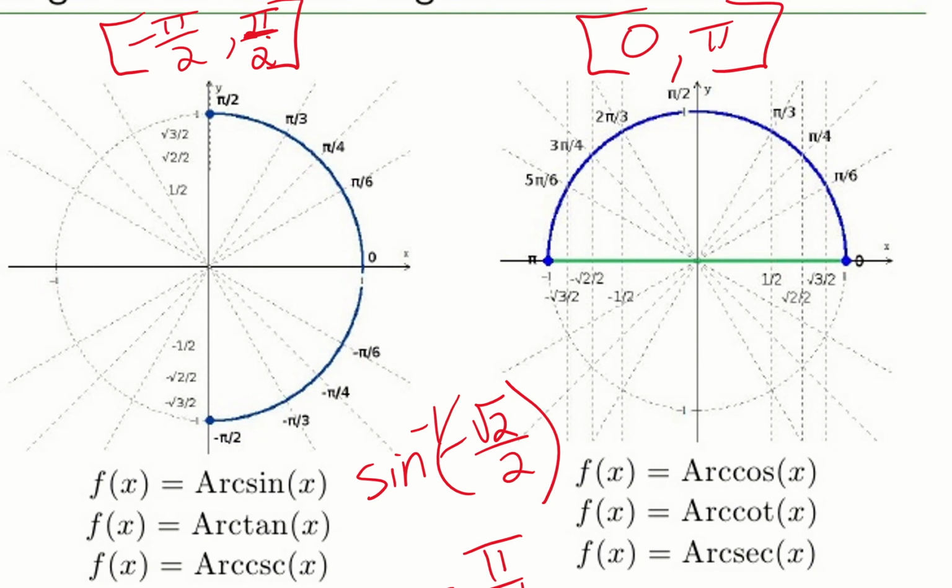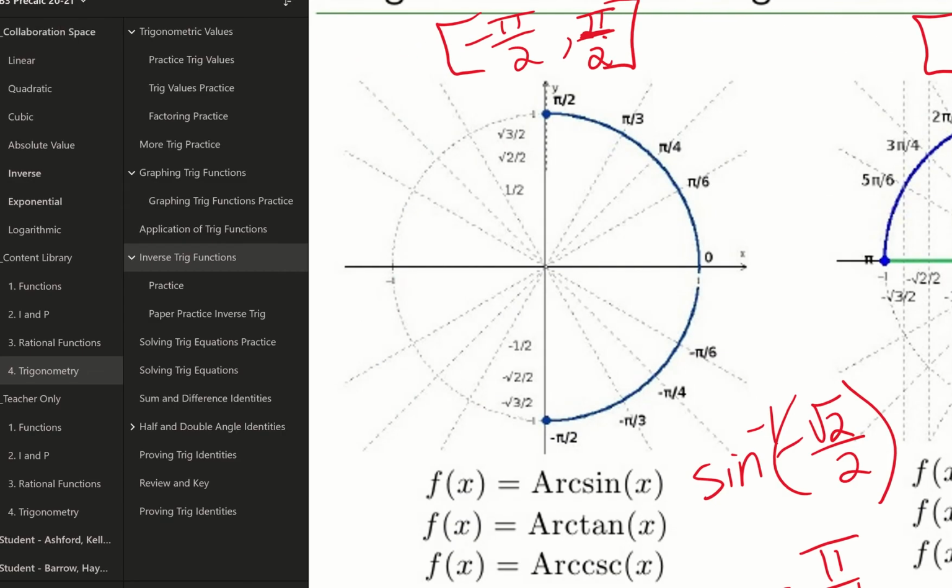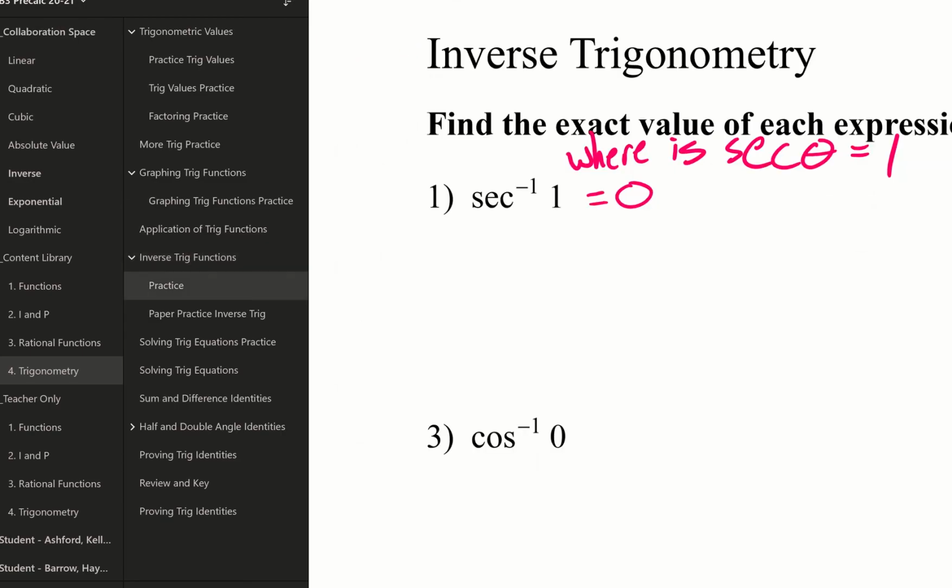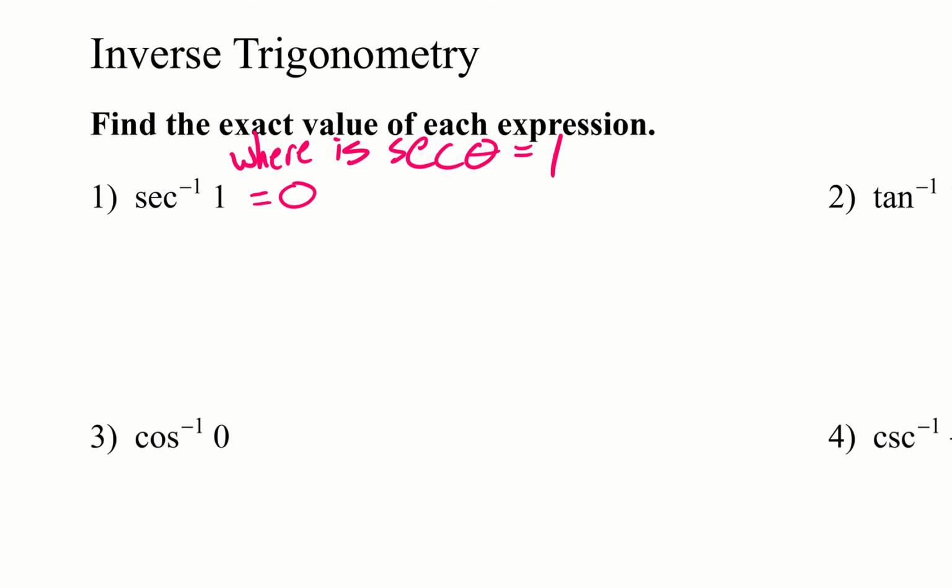It's negative of your standard angles, because that's the section of the graph that we're using to restrict the domain. And then the same thing for cotangent, cosine, and secant, we just use 0 to pi, so anytime that that angle is negative, we're looking in the second quadrant. So let's do a few more of these and how I would approach these, and then look at some compositions of trig functions and inverse trig functions.